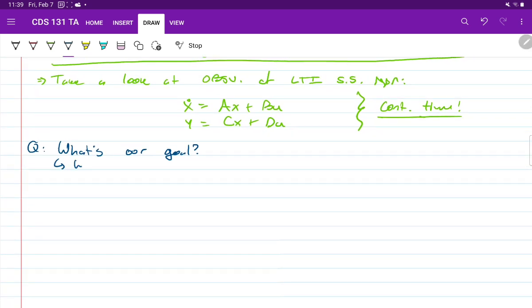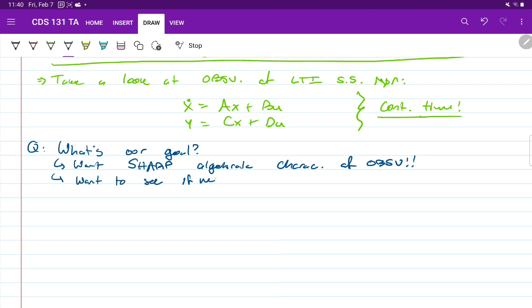So what we want is a sharp algebraic characterization of observability, something that's really easy to compute, right? And we want to see if we can get observability on any time interval, okay?